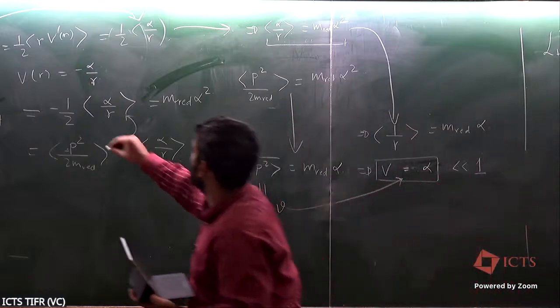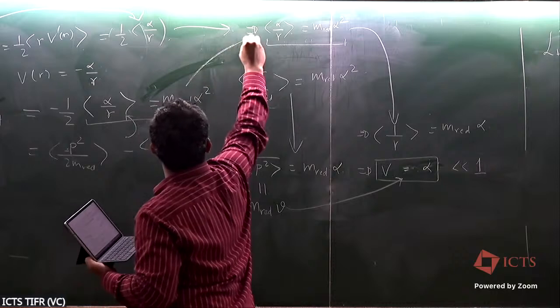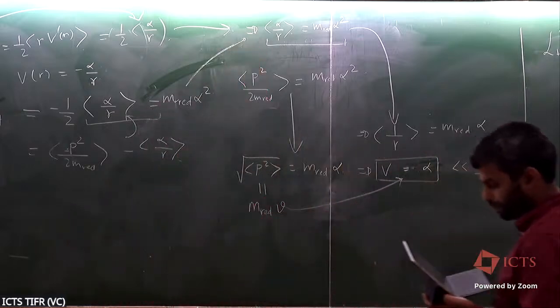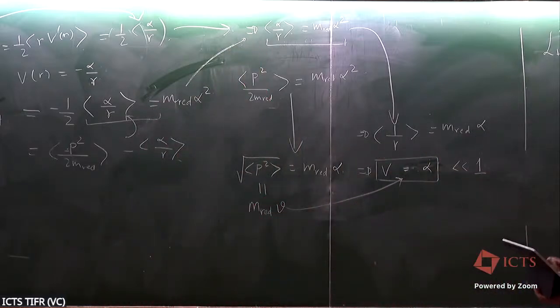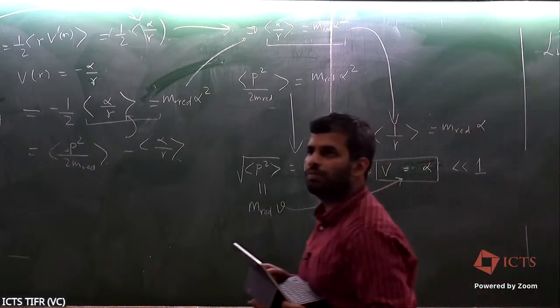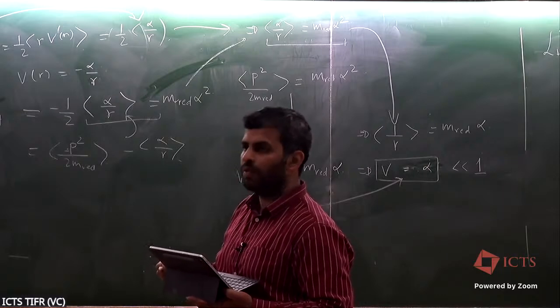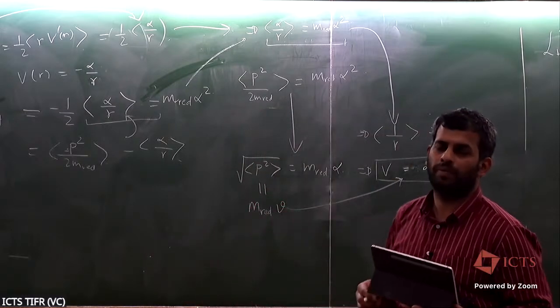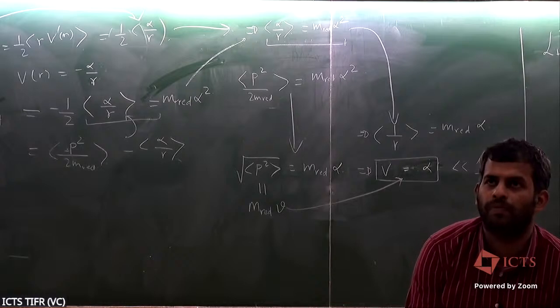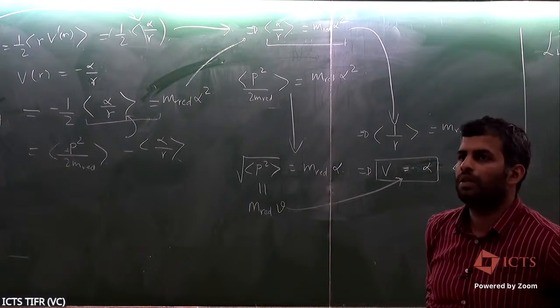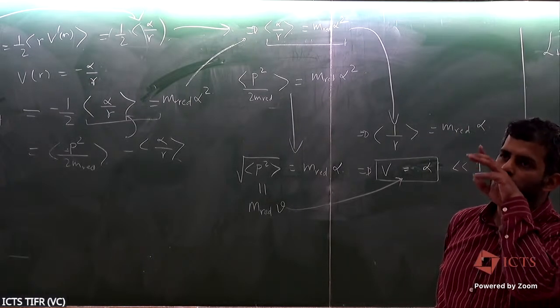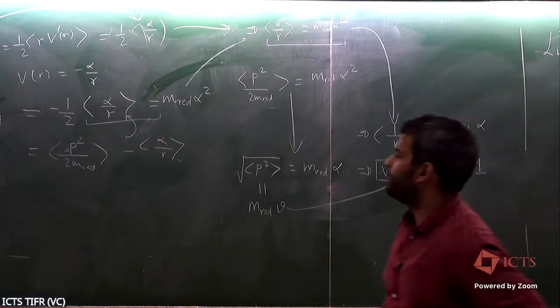So this condition is what is giving you this part. In the hydrogen atom, R is 1/MV.